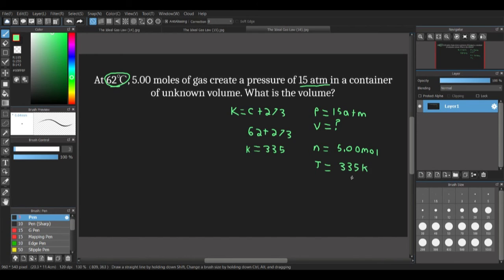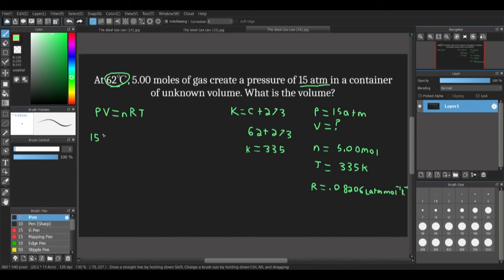And then we have to choose the correct number for R, which, since our pressure is in atmospheres, is 0.08206 liters atmospheres, moles to the negative first, Kelvin to the negative first. And now, after all that, we could write our equation. PV equals nRT, and plug in what we're given.